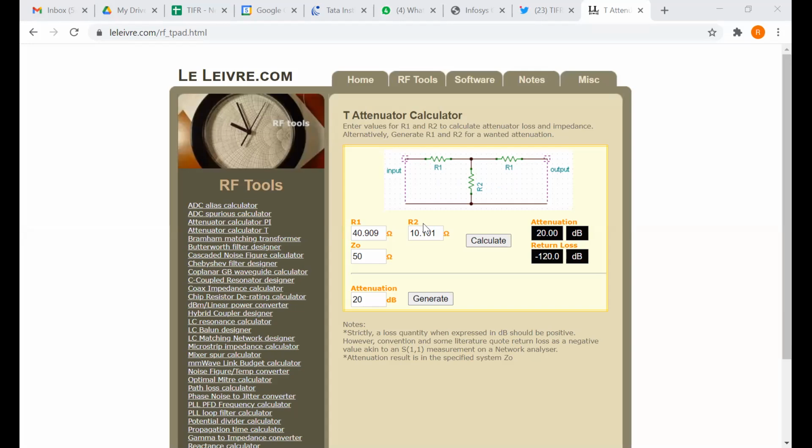Typically the attenuator values one has are 20 dB, 10 dB, and 3 dB, and sometimes maybe 6 dB. Only the 20 dB attenuator will have a resistance between these two terminals close to 50 ohms, this one and ground, or this one and ground.